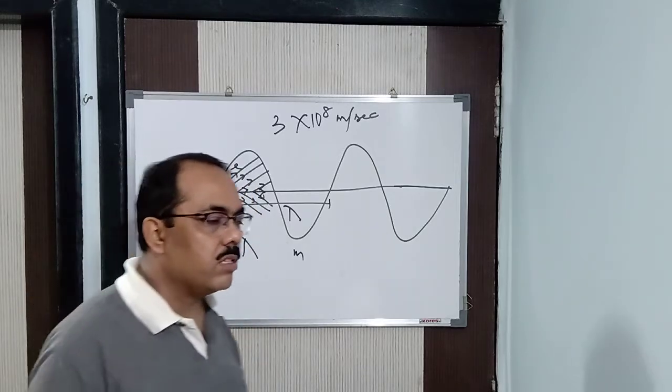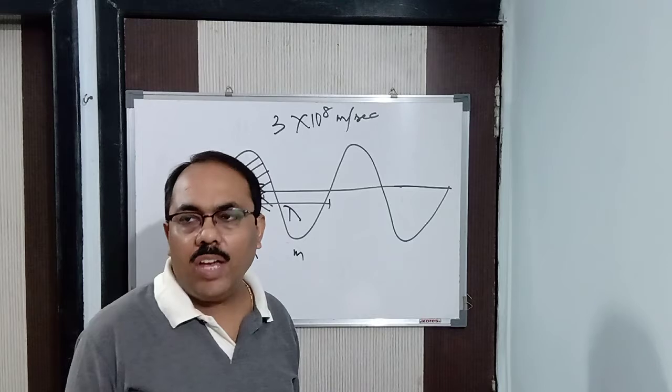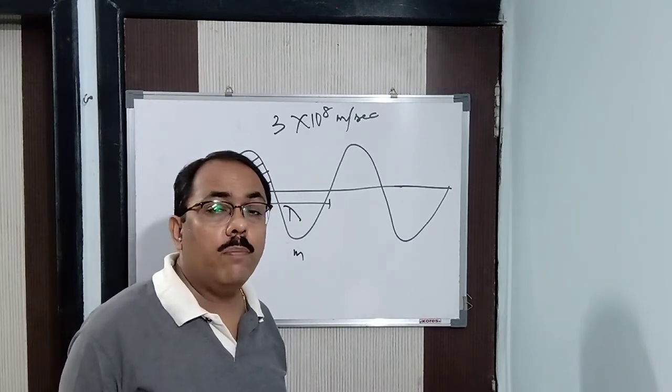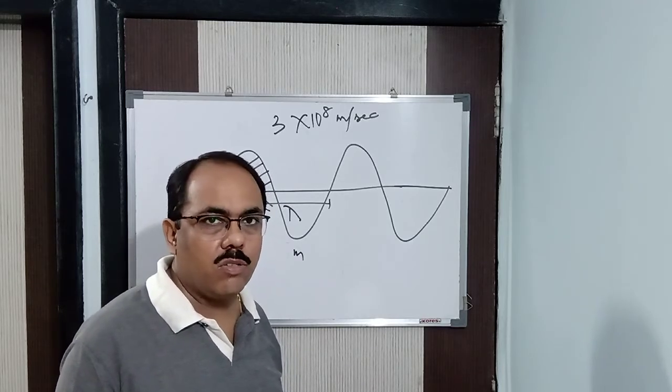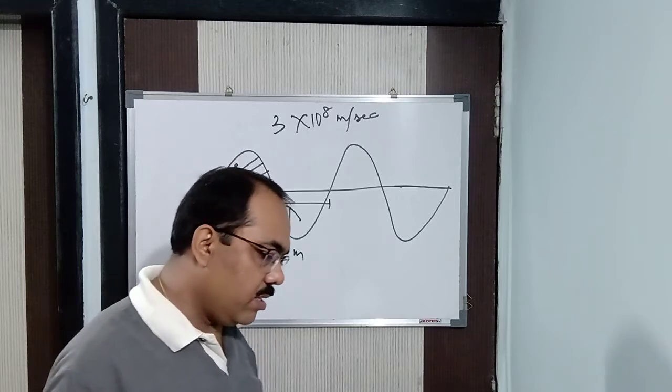Next we'll come to the frequency. The number of waves passing through a particular point in 1 second is known as the frequency. The symbol for frequency is nu, N-U, nu. And what is its unit?